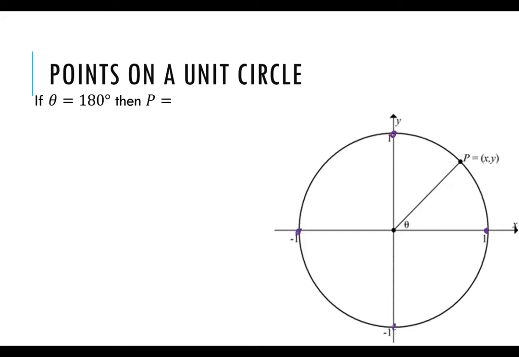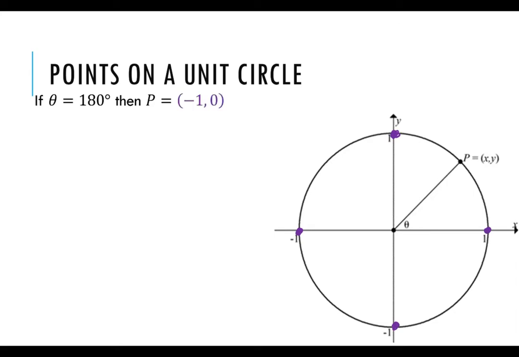Right here we have the 0, 360. Here we have the 90 degrees. Here we have 180 degrees. Here we have 270 degrees. And here we have 0 and 360 again. So if I want to know what is the point at each one of the quadrantial angles, if theta is 180 degrees, then P is going to be negative 1, 0.